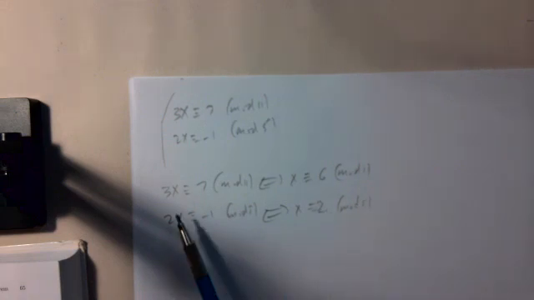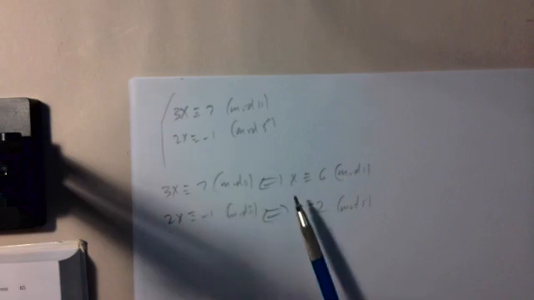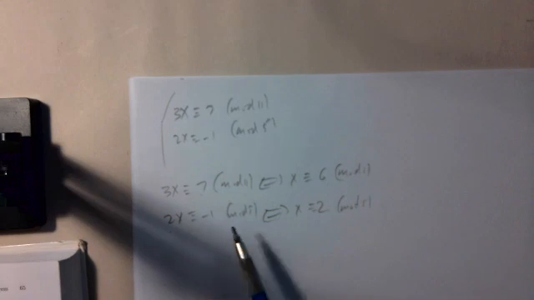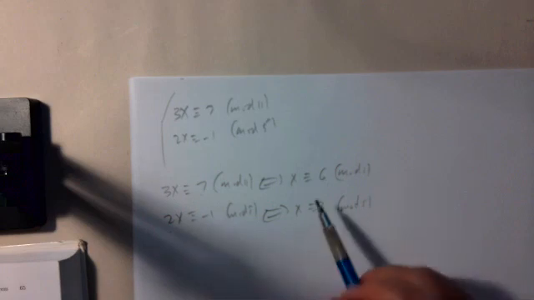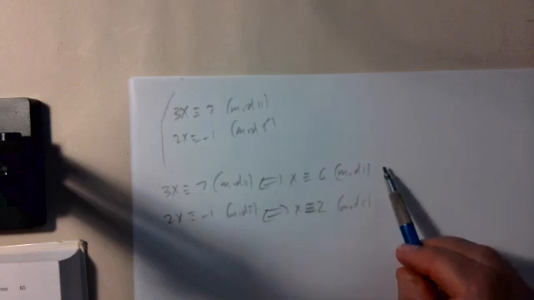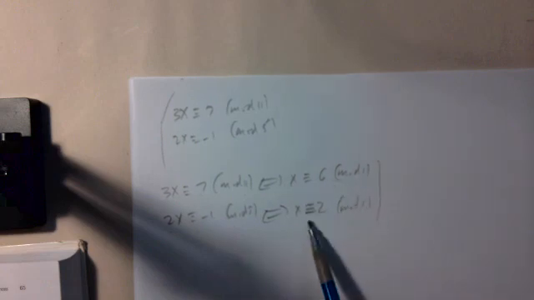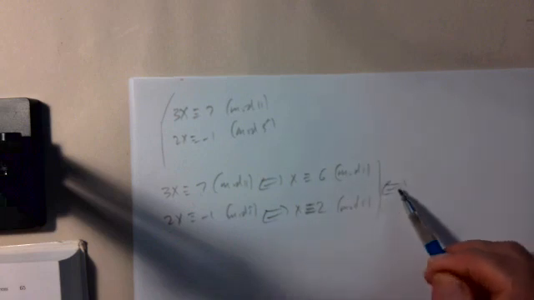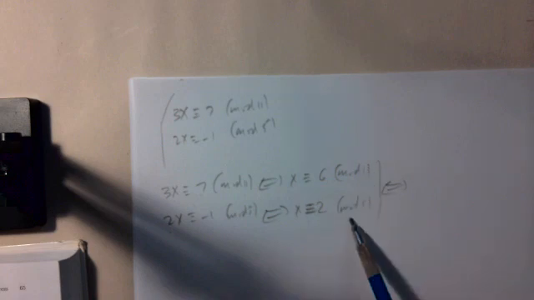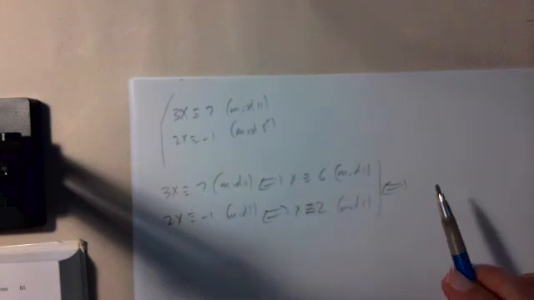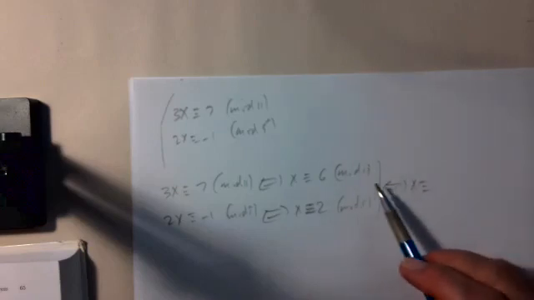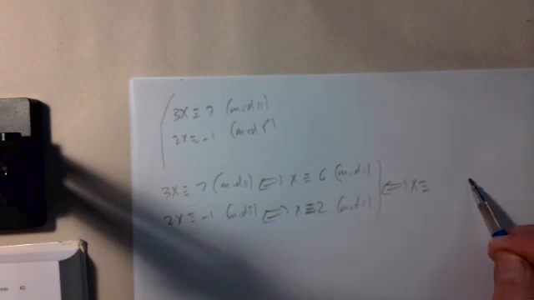So 3x is congruent to 7 mod 11 if x is congruent to 6 mod 11, and 2x is congruent to minus 1 mod 5 if x is congruent to 2 mod 5. This is exactly in the form of the Chinese remainder theorem. Any x that solves both of these congruences will solve both of the originals, and this will have a unique solution modulo the least common multiple of 11 and 5, which is 55.